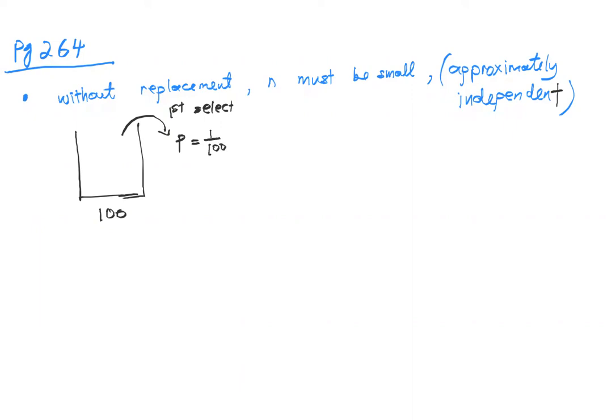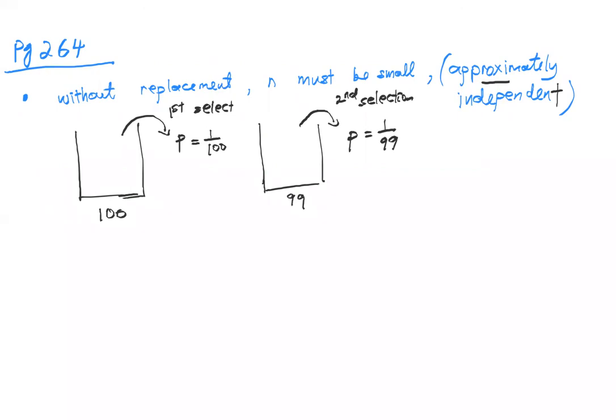If I don't do a replacement, I am left with 99. So the second one that I select, what is the probability? It will be 1 over 99. So 1 over 100 and 1 over 99 are approximately the same. That is called approximately.